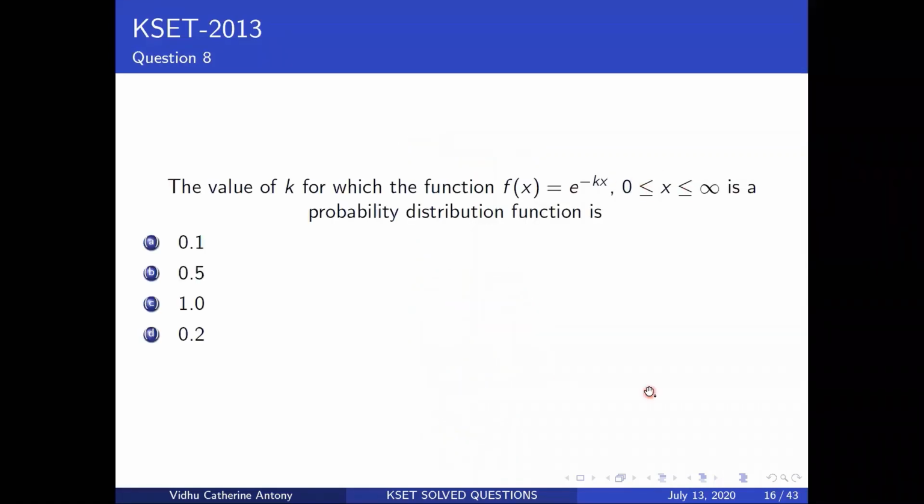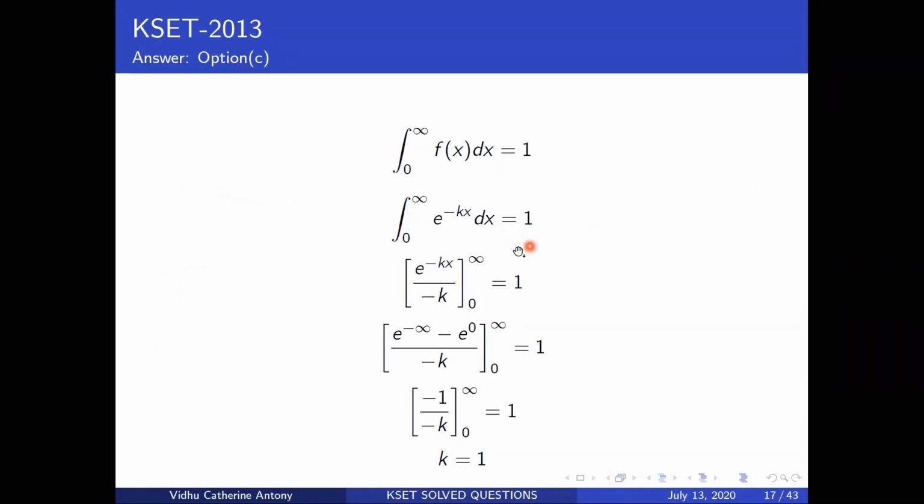Because the interval here is from 0 to infinity. What is the integral of an exponential? e to the power of minus kx divided by minus k, from 0 to infinity, is equal to 1. You have e to the power of minus infinity minus e to the power of 0 after you substitute the limits. What do you get here? E to the power of minus infinity, which is 1 by infinity, which is 0. You get minus 1 divided by minus k, so you end up getting k is equal to 1. So what was the answer? k is equal to 1.